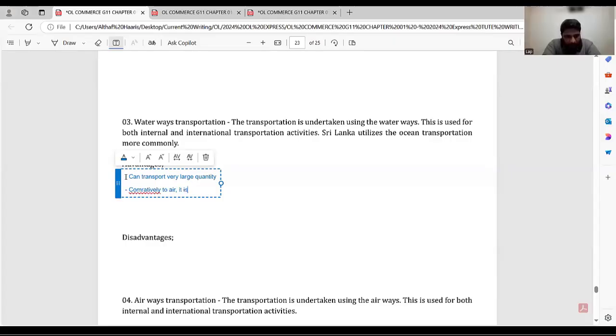It's cheaper. Facilitate the international trade.